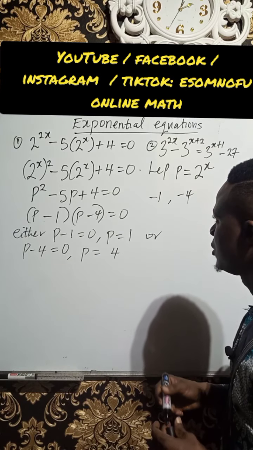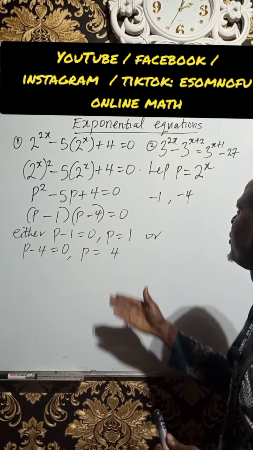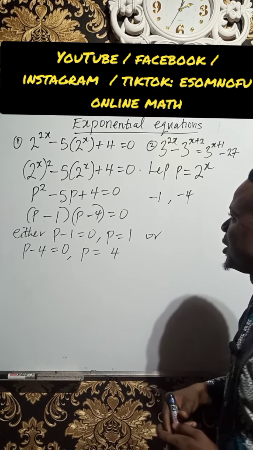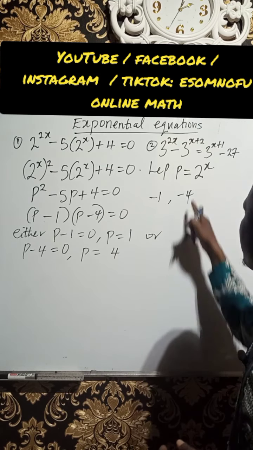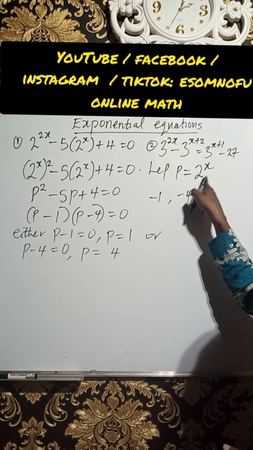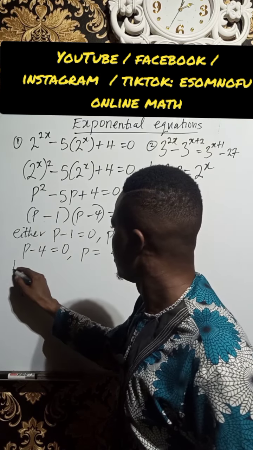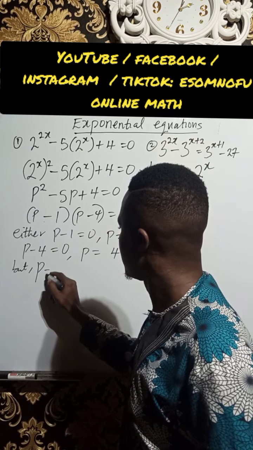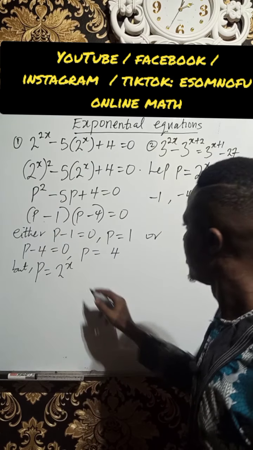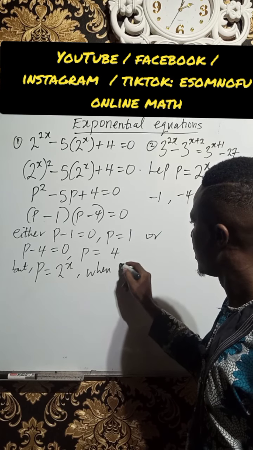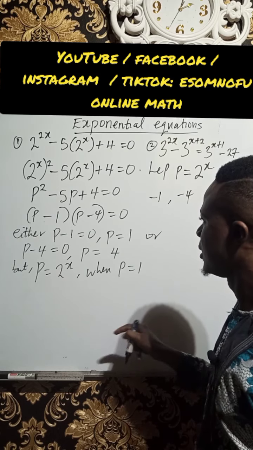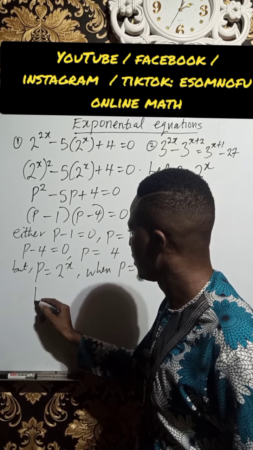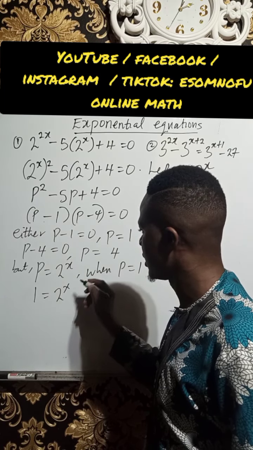So we've got two values for p, but we are not asked to get p, we are asked to get x. So we need to get the value of x. Remember, originally we said let p be equal to 2^x. Then, when p is equal to 1, I'll use 1 to replace p. I will now have 1 = 2^x.